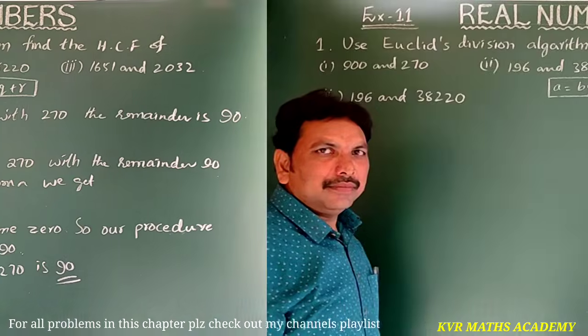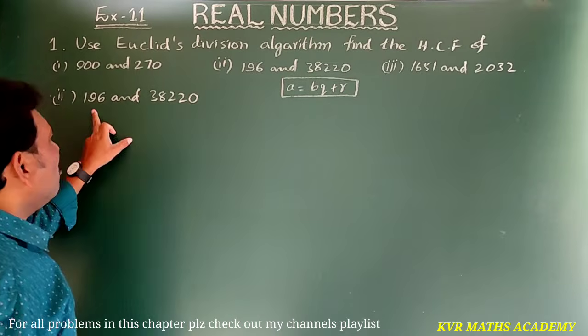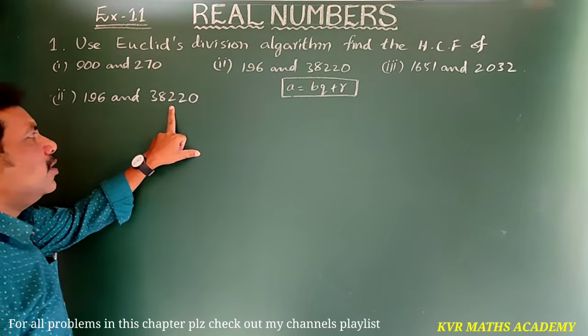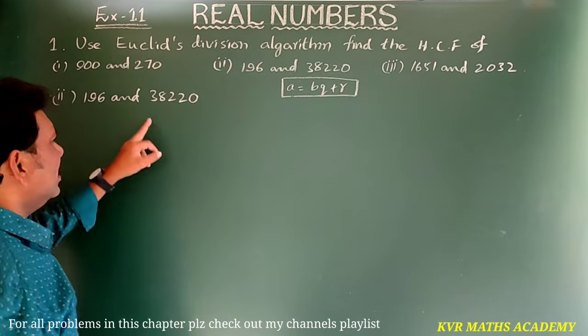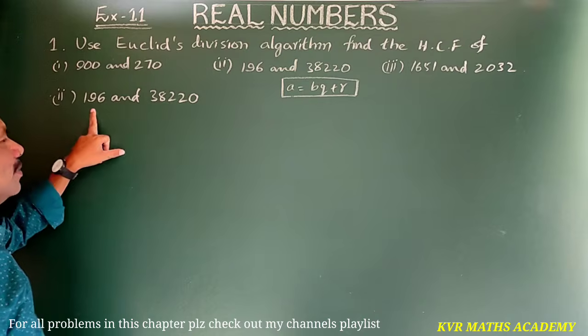Now the second one, 196 and 38,220. This is the biggest number and this is the smallest number, no?